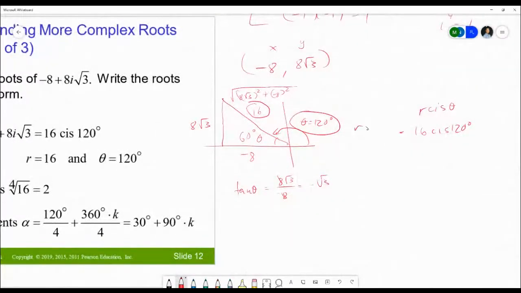So we want r CIS theta raised to the 4 to be equal to this. So now we can set up the equation. R to the 4 is equal to 16, and n times theta is equal to 120. So r here is equal to 2, and n here is, let's see, what is our n? 4.